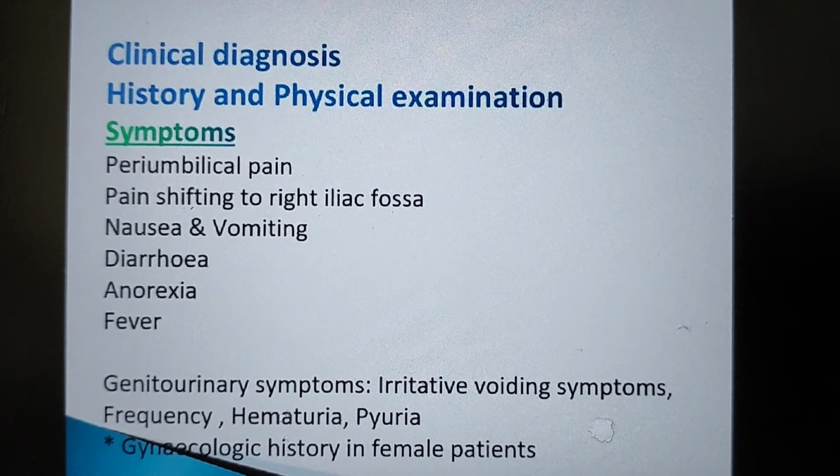Whether the patient has nausea, vomiting, diarrhea, anorexia or fever. Then we have to exclude other causes as well, such as any genitourinary symptoms, voiding symptoms, frequency, hematuria, pyuria, because urinary tract infection or renal colic may present as abdominal pain as well. In females, especially of childbearing age, we have to rule out gynecological causes as well.